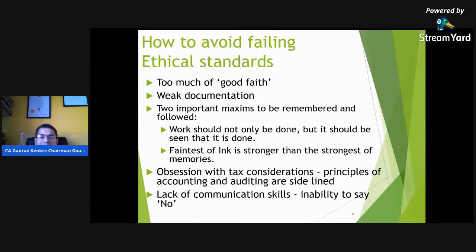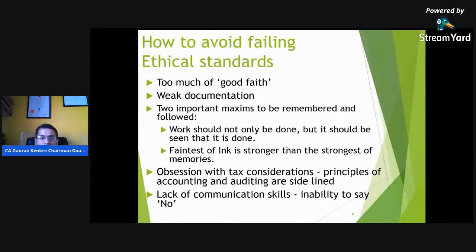Another common issue which we see is that we look at the tax considerations more than the basic principles of accounting and auditing. Again, this is a dilemma which we face: do I present a particular transaction in a manner to reduce the tax complications, tax obligations, tax liability, or do I present it in the right manner as per the accounting and auditing principles?